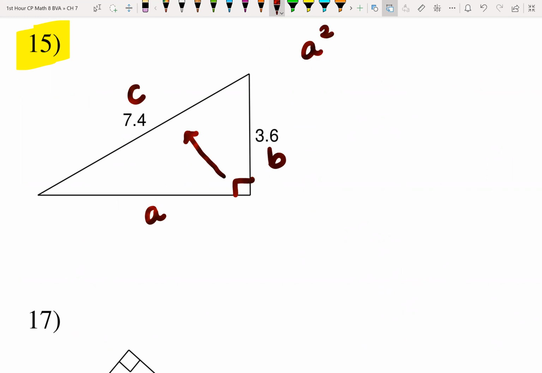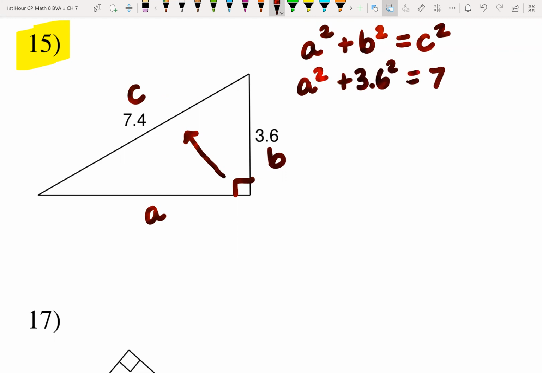Okay, here we go. A squared plus B squared equals C squared, right? Pythagorean theorem. We don't know A, but we do know B is 3.6 and C is 7.4. So notice we have a number for C this time, but it's one of the legs we don't know.